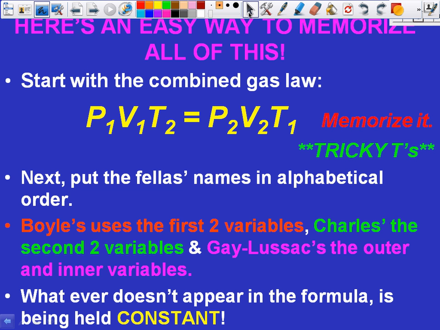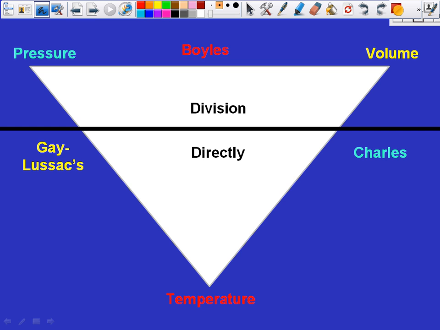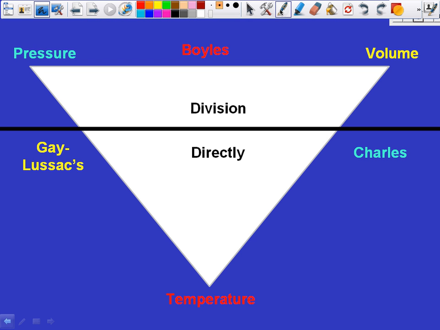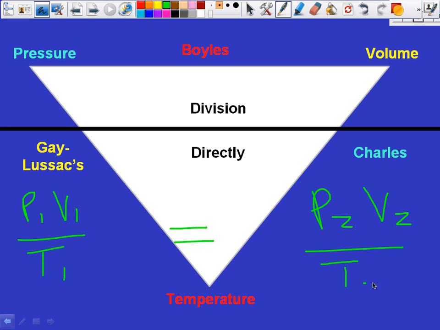And then the last slide for this lesson. If you were one of the ones that really liked the formula P1V1 over T1 equals P2V2 over T2, then this is the slide for you.